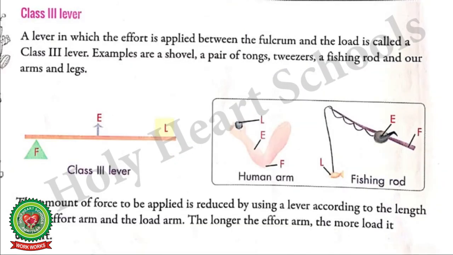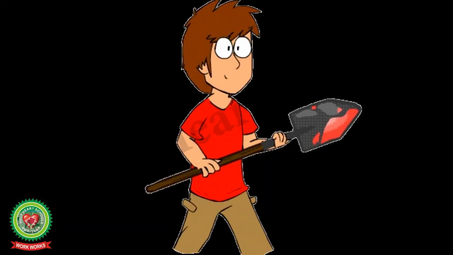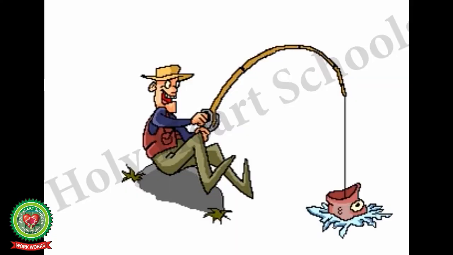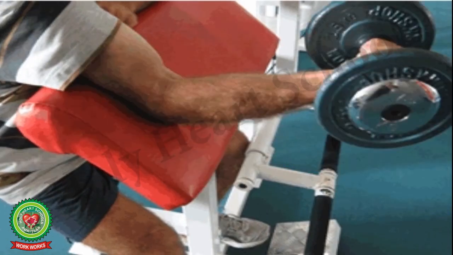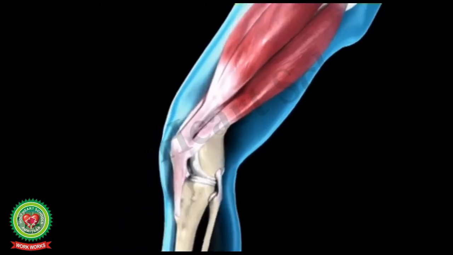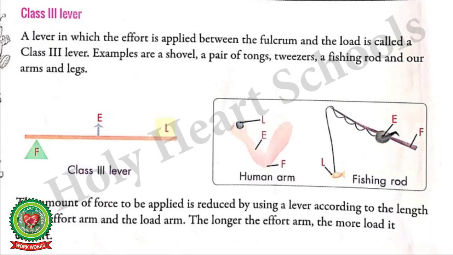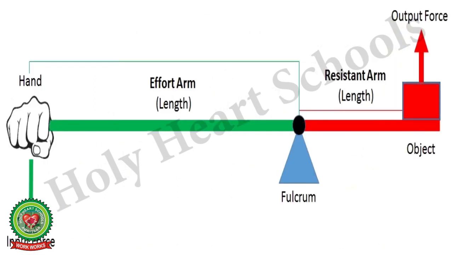Examples of class 3 lever are shovel, pair of tongs, tweezers, a fishing rod, our arms and legs, stapler, etc. Students, the amount of force applied can be reduced by using a lever according to the length of the effort arm and the load arm. The longer the effort arm, the more load it can lift.